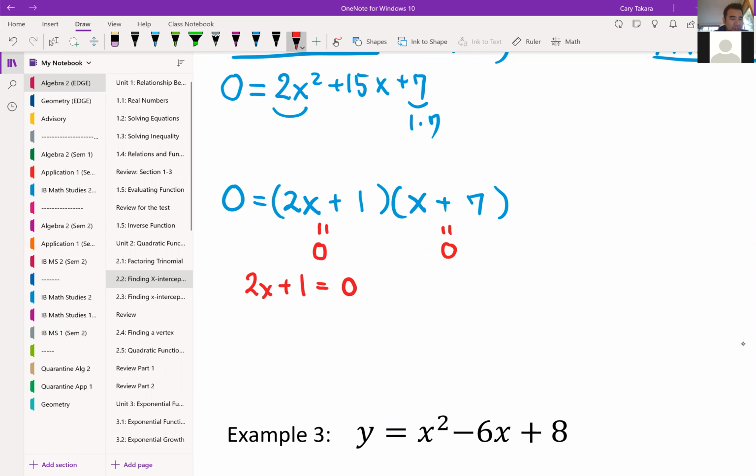And then you're going to solve that by subtracting 1, you get 2x equals -1. And then divide by 2 and divide by 2. So x is -1/2.